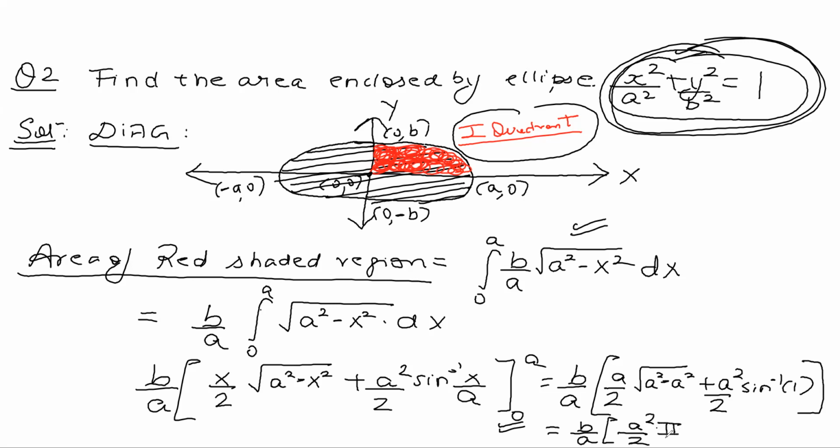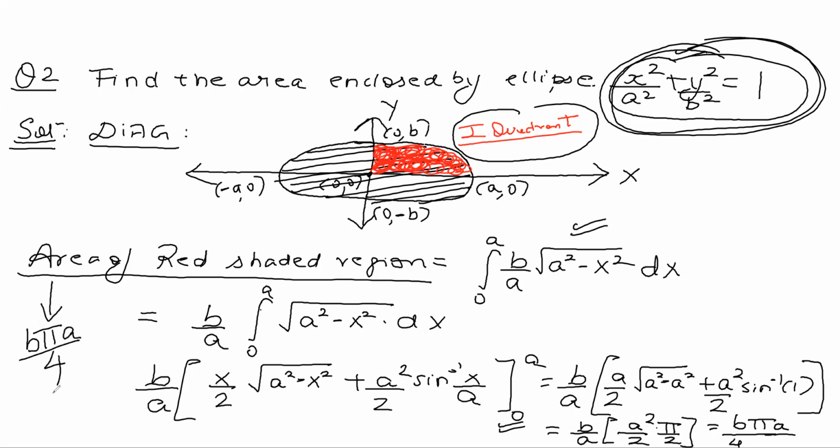Sine inverse of 1 is pi by 2. So this becomes b pi a by 4. That means the area of the red shaded region is finally b pi a by 4.